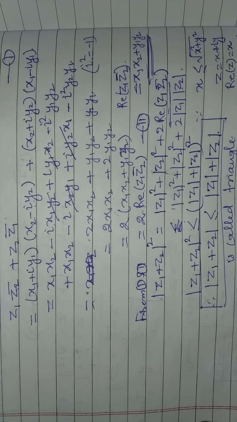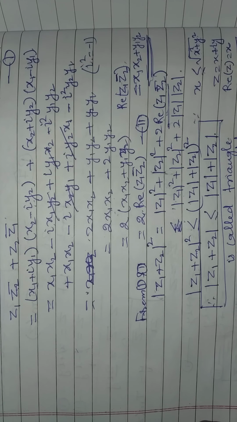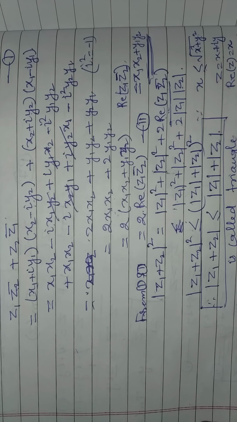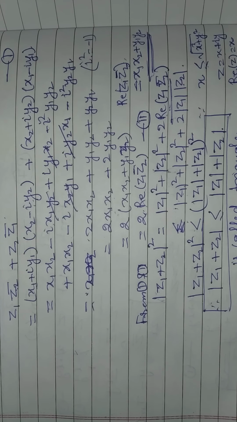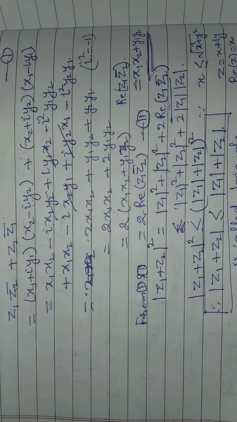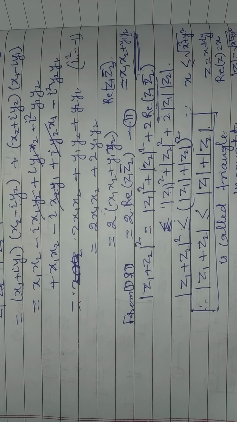Triangle inequality means in geometry, the sum of two sides of a triangle is always greater than the third side, or any one side of a triangle is less than the sum of the other two sides. So with the help of the geometrical proof, or with the help of the polar form, we can prove it.